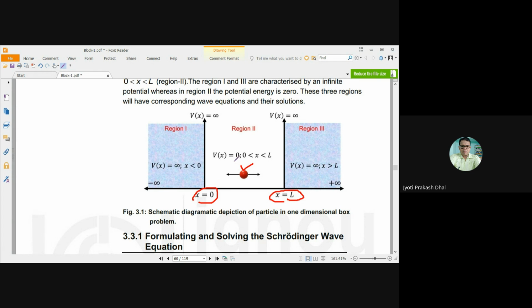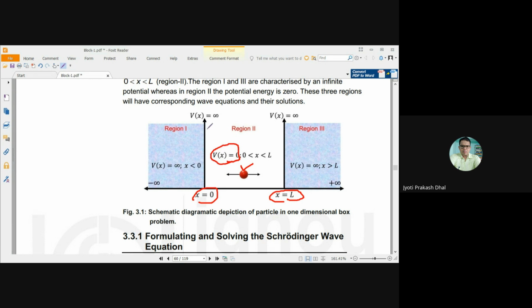That means within this region, when the value of x is greater than 0 and less than L, the particle will move inside the box. And here we are considering the potential energy of the particle inside the one-dimensional box to be 0 because that is a moving particle.